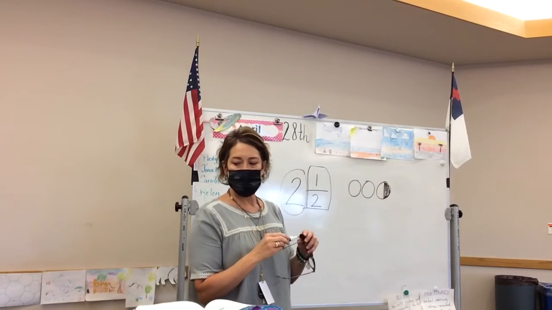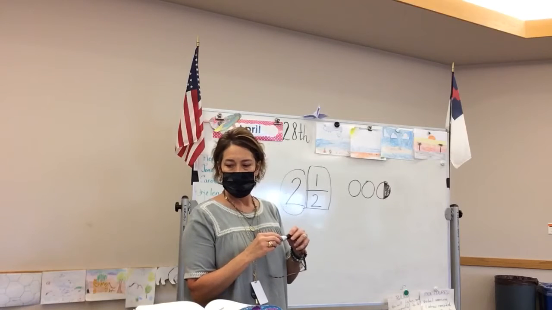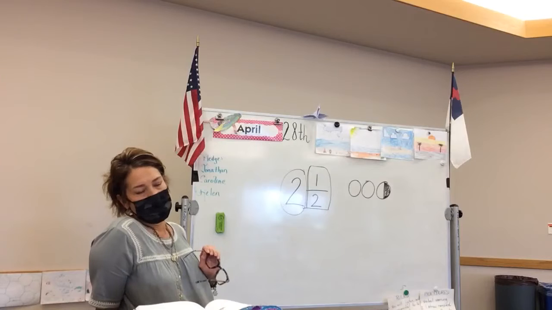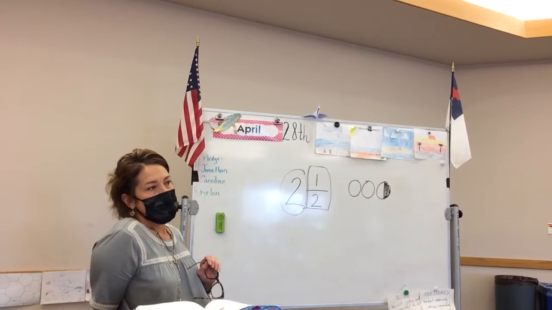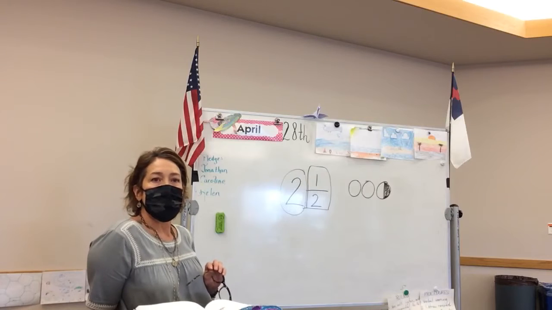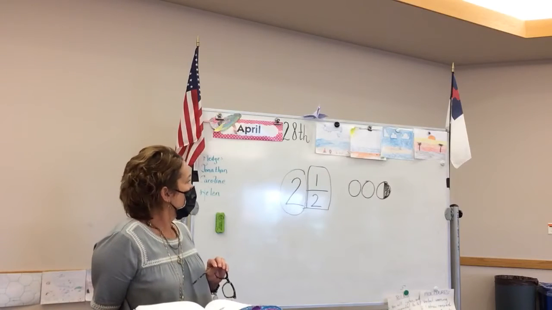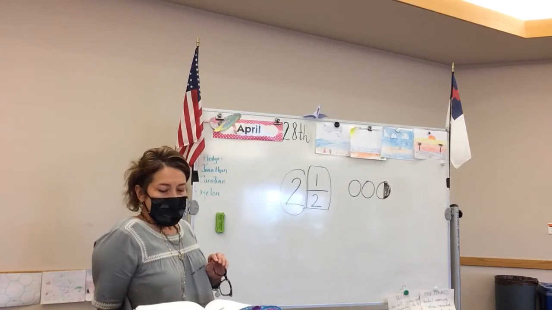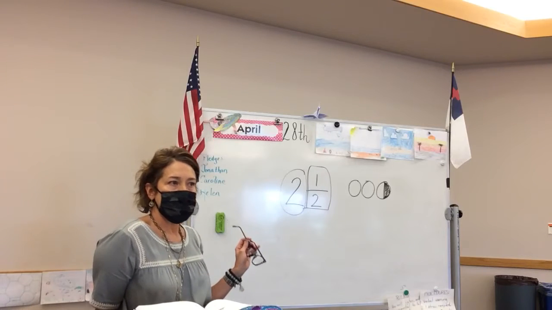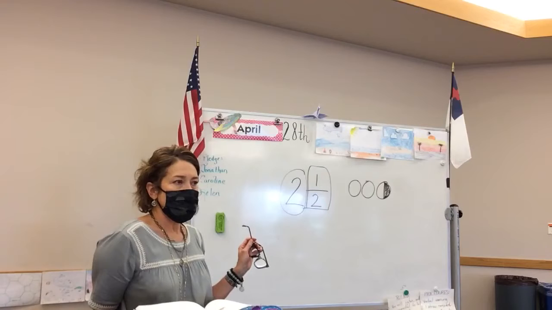Does that make sense? So the number 2.5 is greater than 2, but less than what? James? Yes. So what questions on that? Does this all make sense? Yeah. Yes.